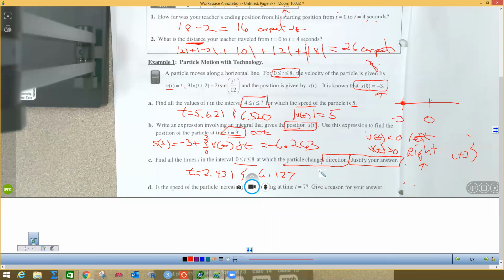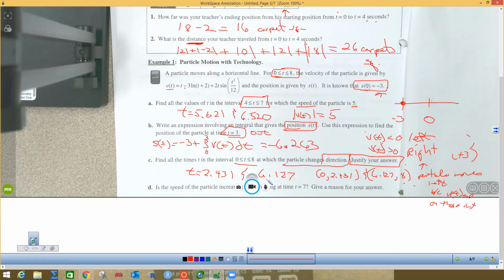So I would like you to say from 0 to 2.431 and 6.127 to 8. And remember, we're only going from 0 to 8, right? The particle moves left because v prime of t is less than 0 on those intervals.